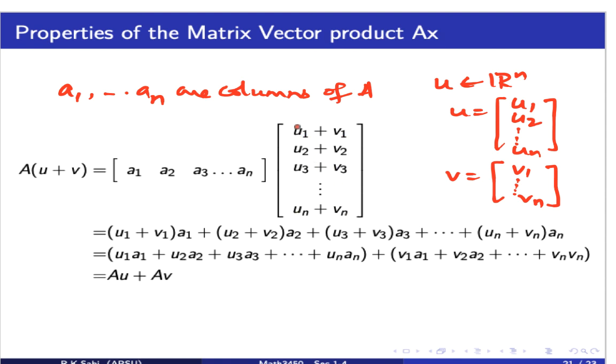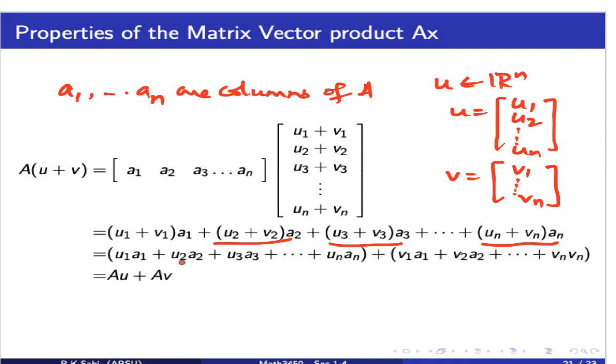And then after that is a matrix product. So (U1 plus V1) times A1 plus (U2 plus V2) times A2 plus (U3 plus V3) times A3, dot, dot, dot, (Un plus Vn) times An. Then it's just simple computation now. We can gather all the U_i's and A_i's together because we're looking at A times U, and all the V_i's and A_i's together.